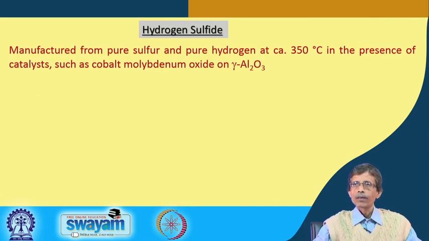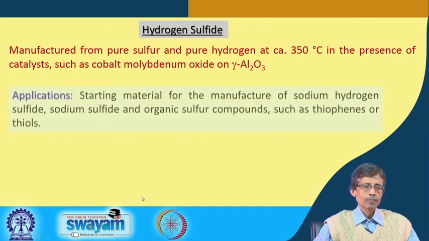The catalyst is layered on the gamma alumina surface, over which the sulfur mixture is passed with hydrogen gas.